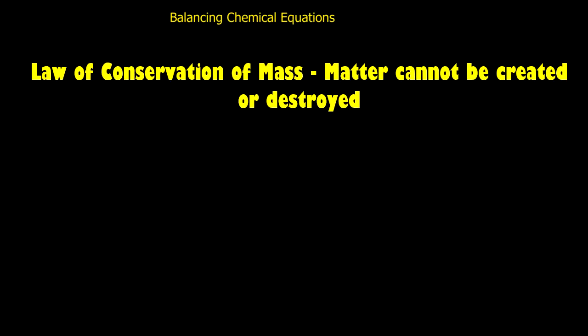Now the law of conservation of mass will be the driving force behind balancing chemical equations. That law states matter cannot be created or destroyed. Sure, most of y'all already know that.